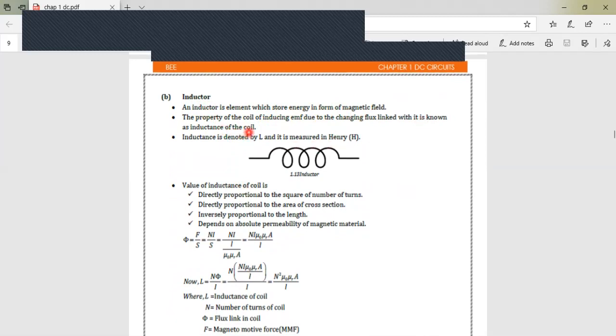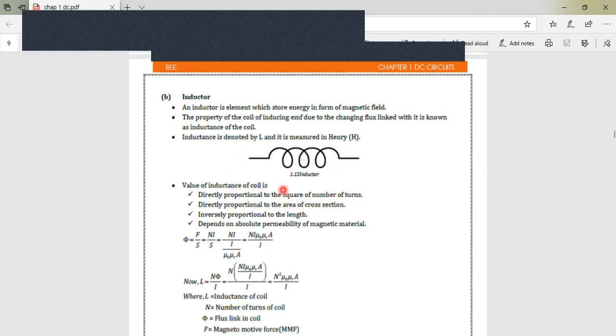So here I say that inductance, this is the symbol of inductance. See, inductance of a coil is directly proportional to the square of the number of turns.